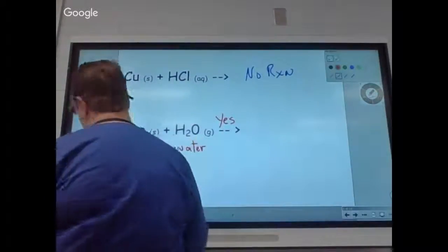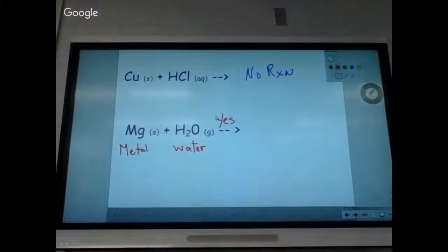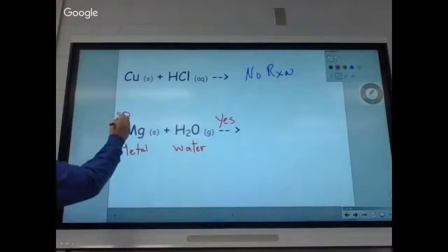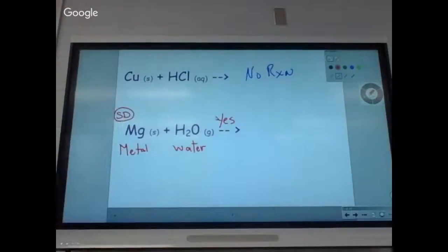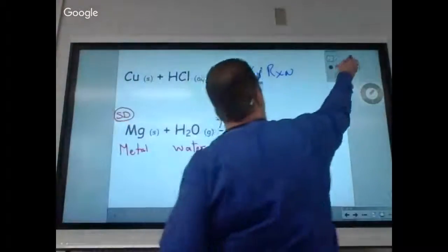Is this single, double, synthesis, decomposition, or combustion? Single displacement. It's an element plus a compound. It's the one that I told you yesterday I'd talk about today because it's an exception. So if you look at your orange card under single displacement, find single displacement. Tell me what it says for the metal plus water under single displacement. MOH plus H2.